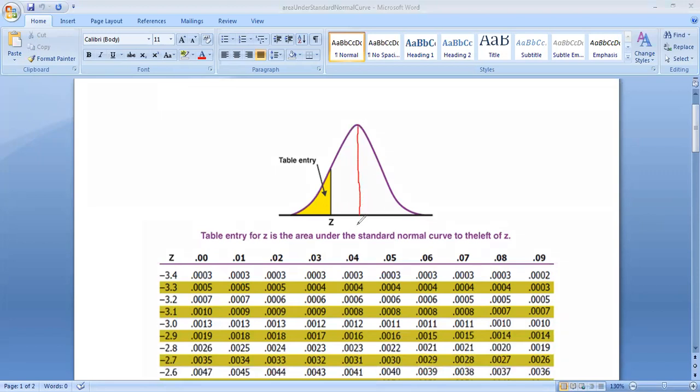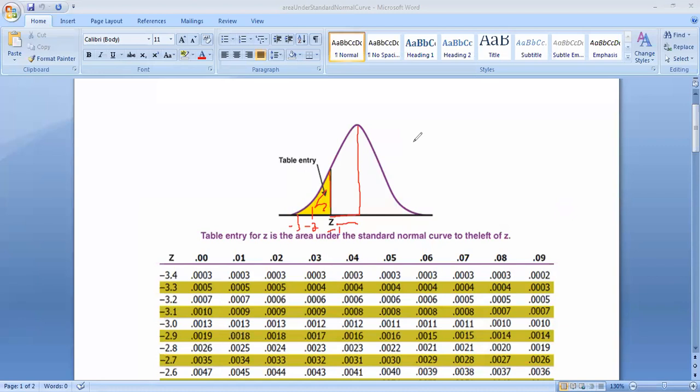When it is negative, we measure like this, so here Z will be -1, then -2, then -3. Whenever I mention some Z, I find the area. The area is the probability; if you multiply it by 100, it gives the percentage probability of that occurring.